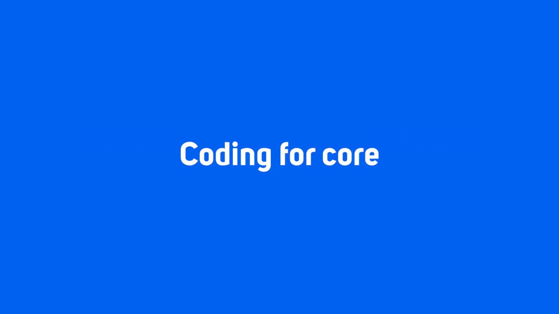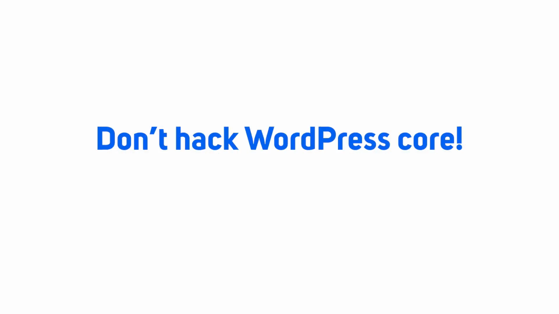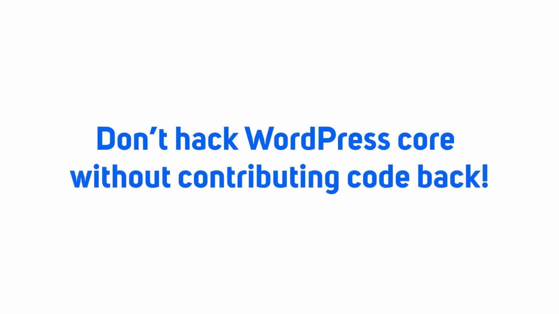One of the things that you'll often hear if you hang around in WordPress circles is don't hack WordPress core. What's not as widely known is that that's only the start of the sentence. The full sentence is: hack away and become an active contributor to the core project, because your hacks will help make the code better.